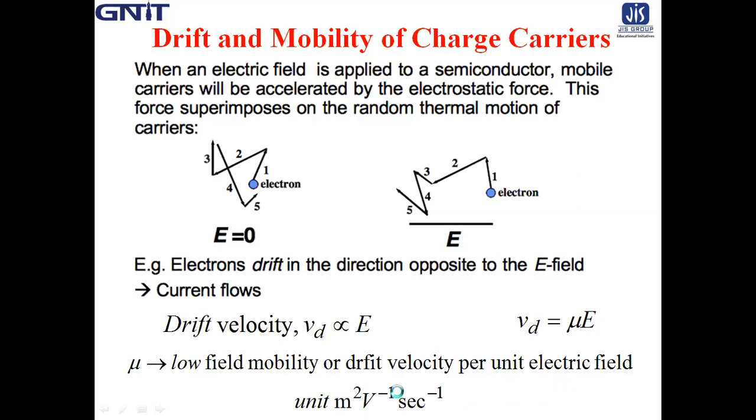Therefore, the unit of mobility mu in the SI system is meter square per volt per second. Mobility means the ease with which electrons or holes drift in the material. So basically, drift is due to the applied electric field.